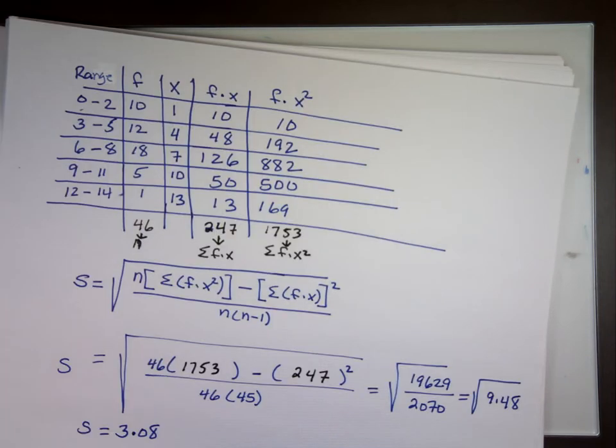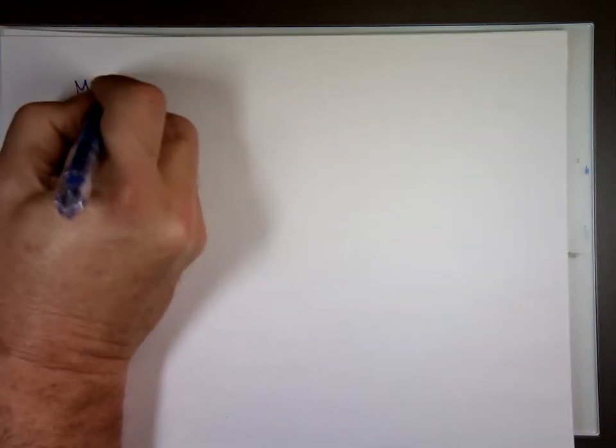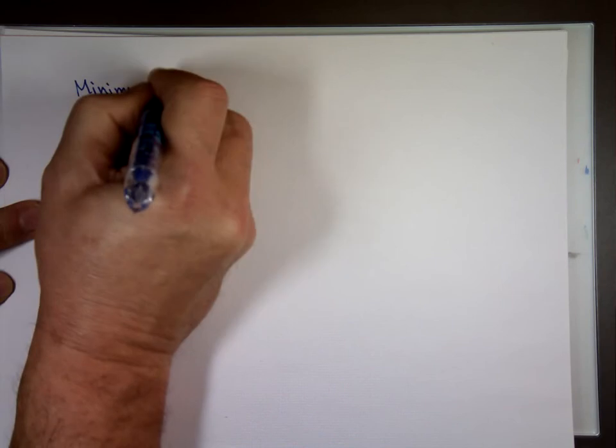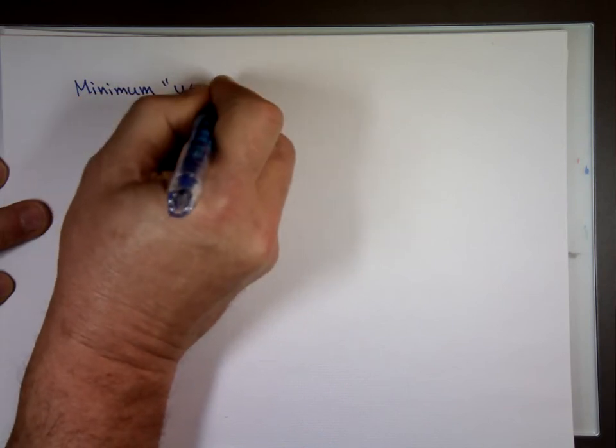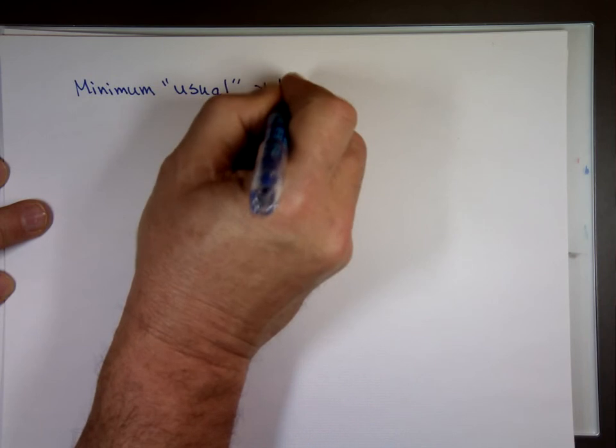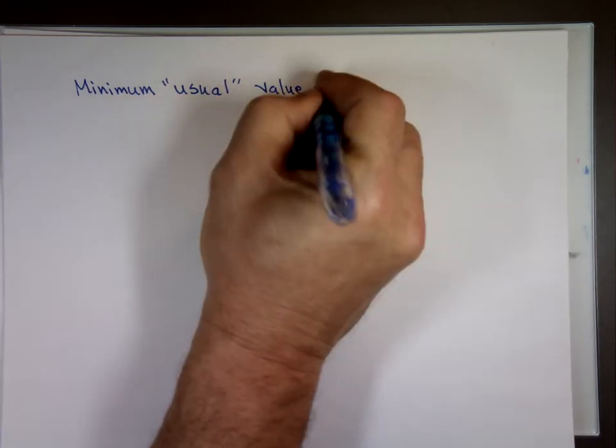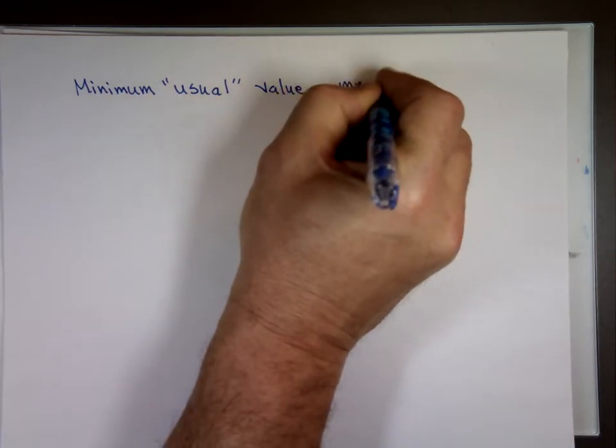Quickly here. The minimum usual value is a term we use in statistics. If you hear "minimum usual value," it is actually the mean minus 2 times the standard deviation.